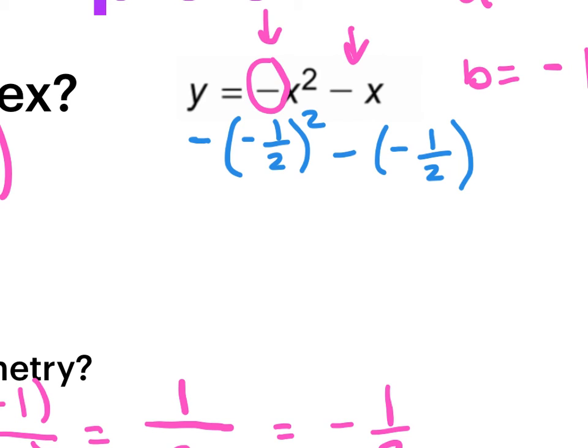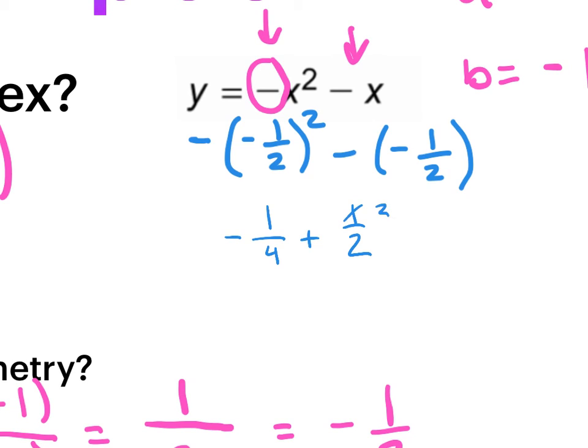What is -1/2 times -1/2? +1/4. But we have that negative on the outside, so -1/4. And then we have that minus -1/2 at the end, so what did that happen? Okay, 1/2. +1/2. Now we want to add these. What do we need in order to add fractions?